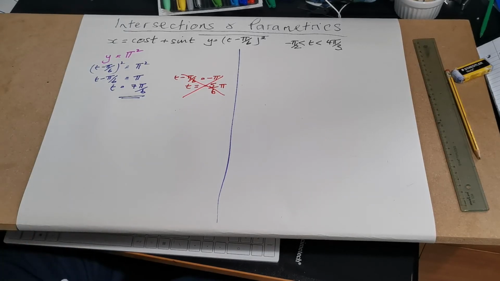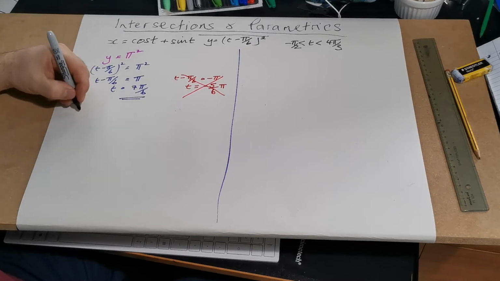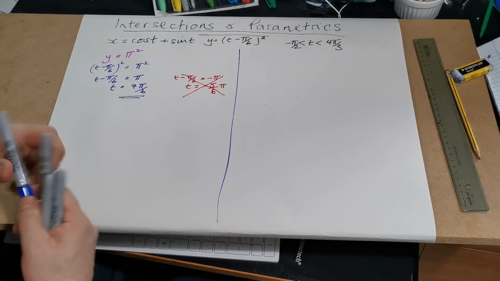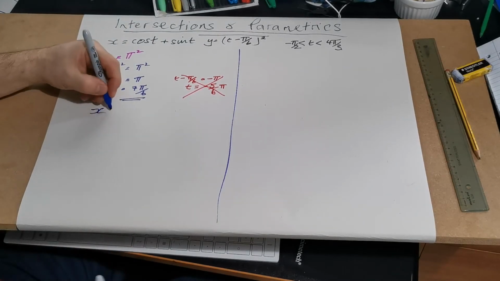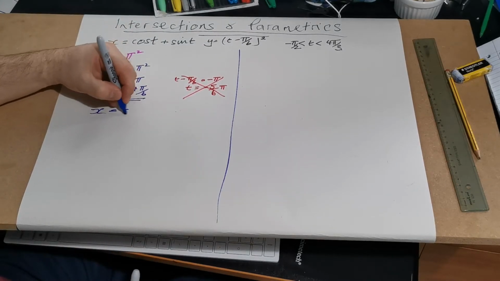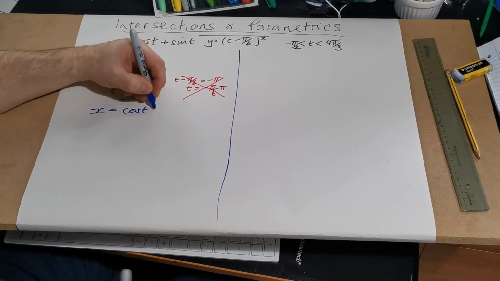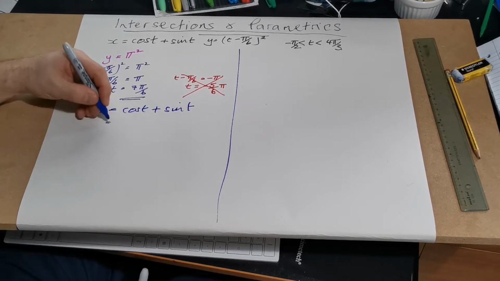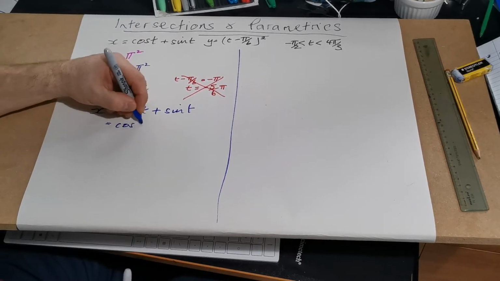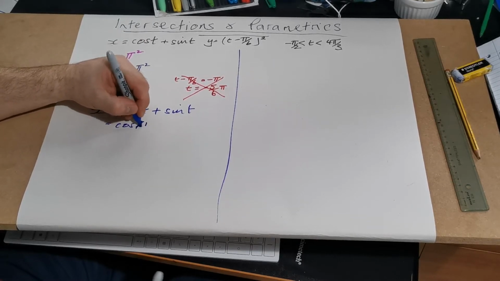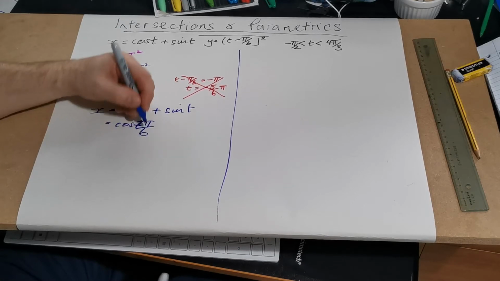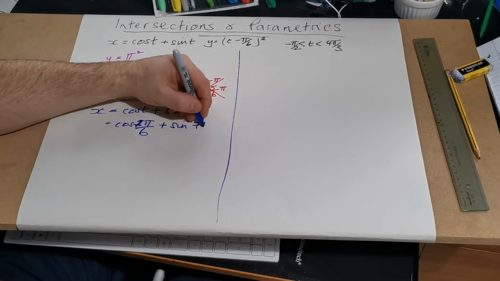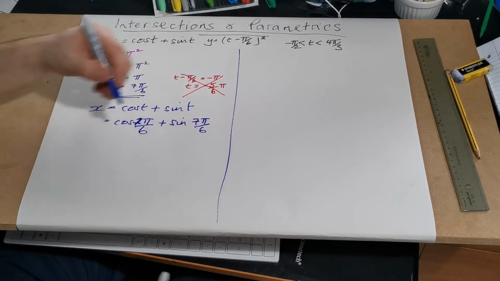Right, so once we know what t is, we know that x is equal to cos t plus sine t, so that's cos 7 pi by 6 plus sine 7 pi by 6.